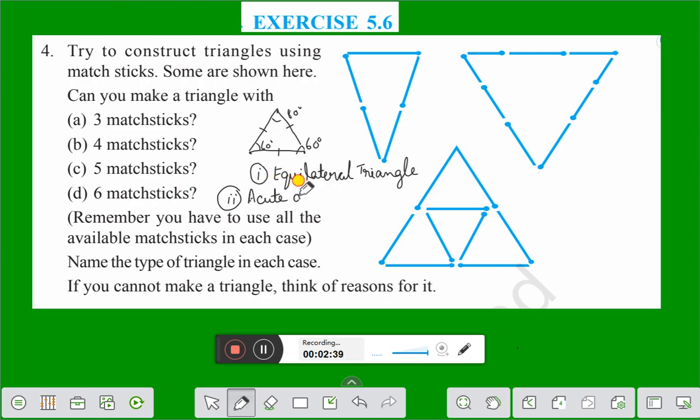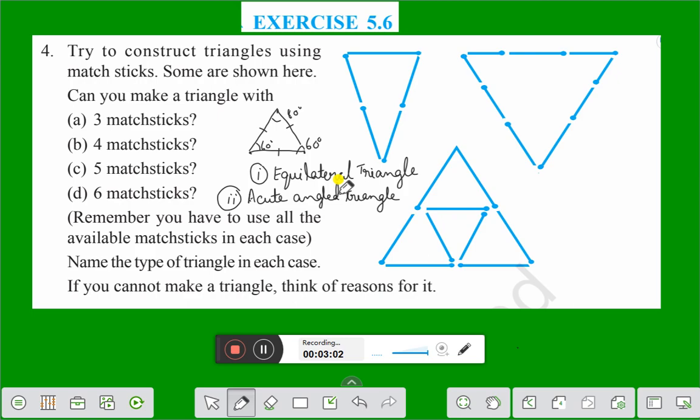Therefore, here the type of triangle according to side is equilateral triangle, and according to angle it is acute angled triangle.